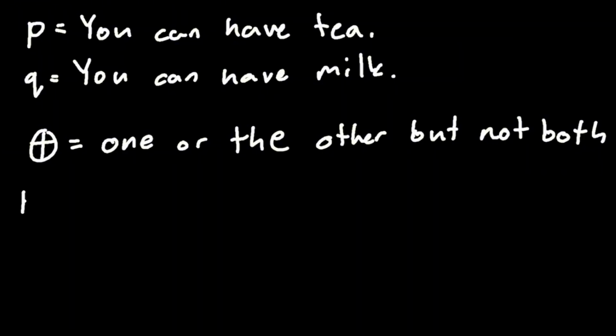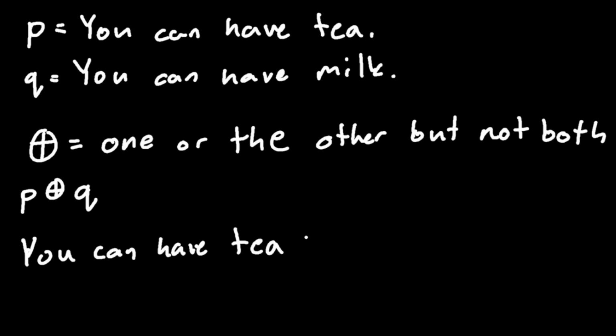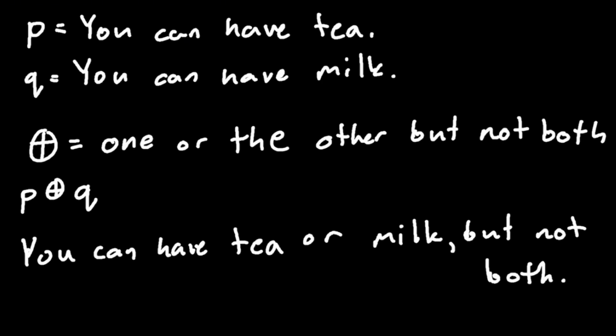So an example of this would be, if I write down P exclusive or Q, it would be: you can have tea or milk, but not both. So this is the kind of format that I was talking about. You can have one or the other, tea or milk, but not both. So the "but not both" is usually what gives it away for an exclusive or sentence.